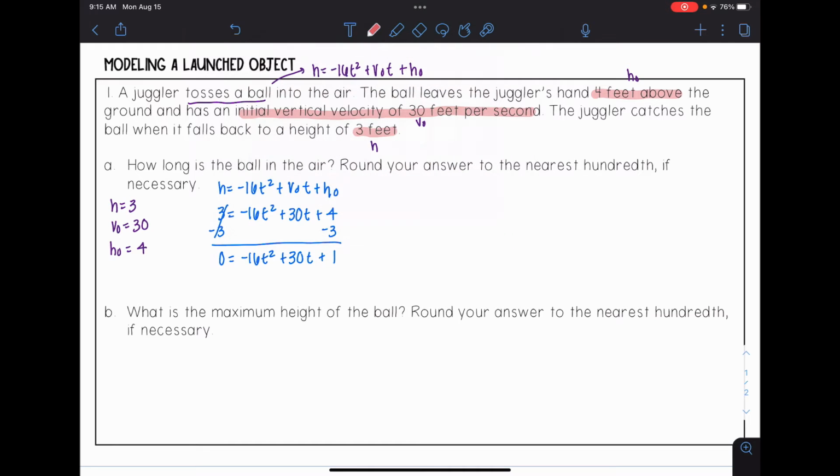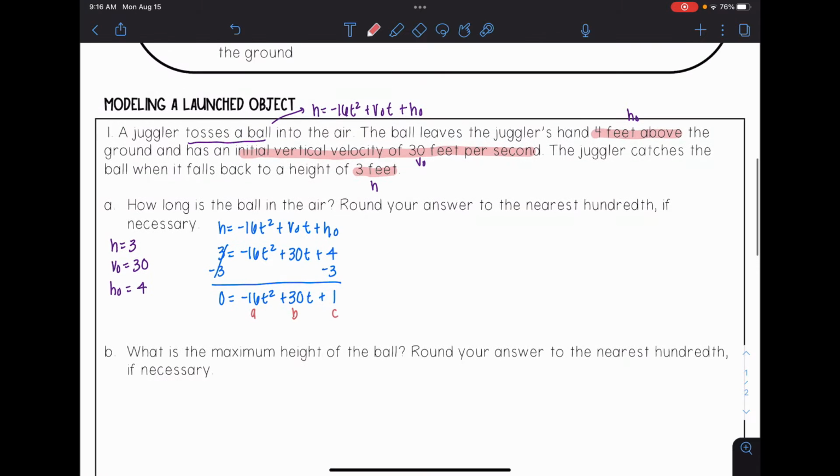And now I can go ahead and use the quadratic formula. So I'm going to label my a, b, and c. And remember, quadratic formula is x equals negative b plus or minus the square root of b squared minus 4ac all over 2a. So plugging those in, I get that t is equal to negative b, so negative 30, plus or minus the square root of 30 squared minus 4 times negative 16 times 1, all over 2 times a.